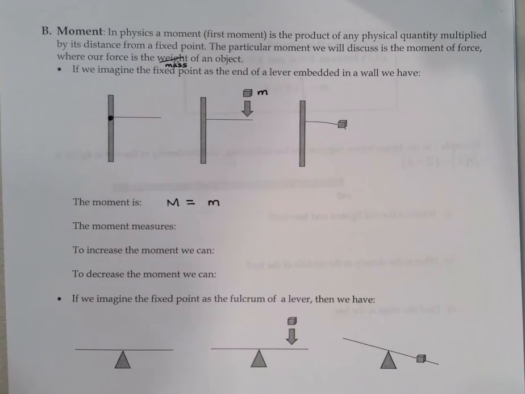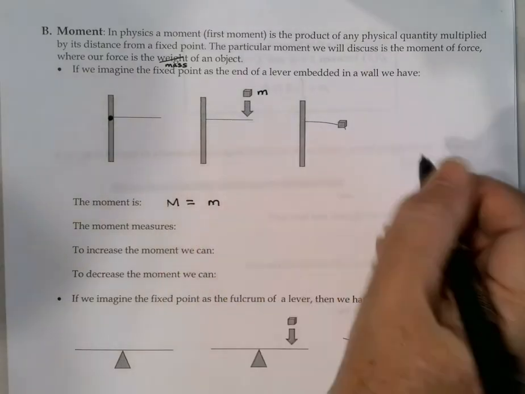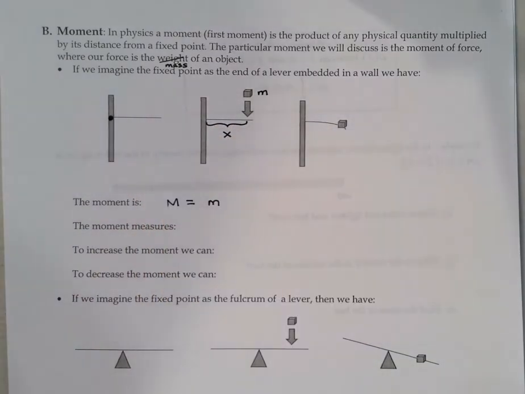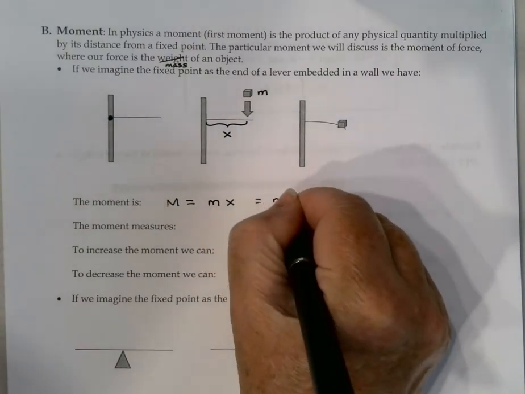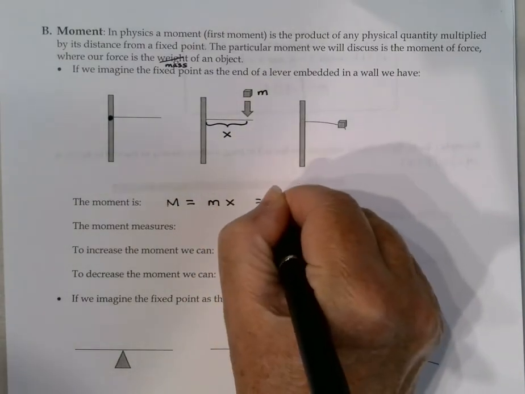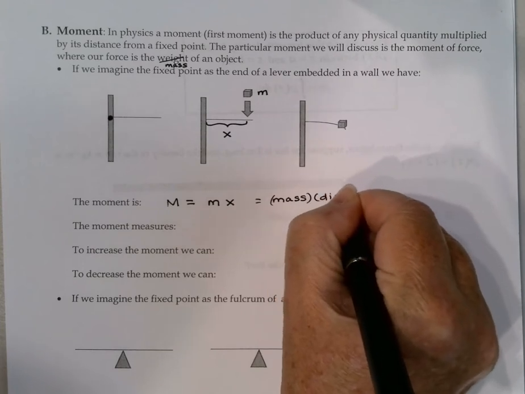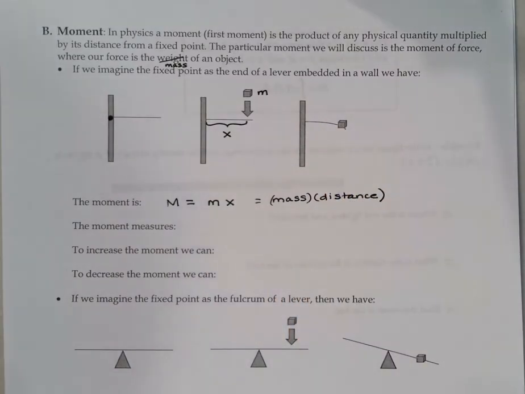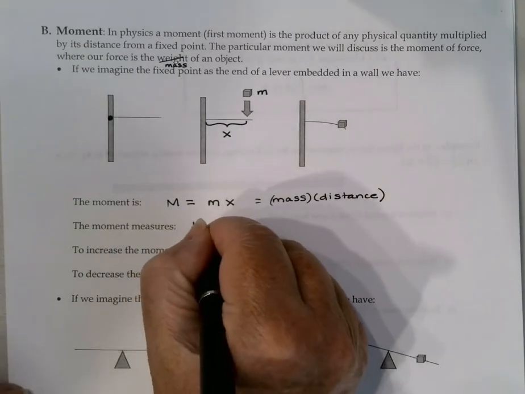So the mass M times the distance from this fixed point, x. Mass times distance. The moment actually measures the tendency of this object to rotate around the fixed point.